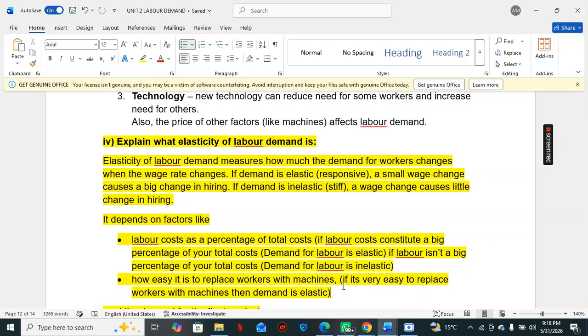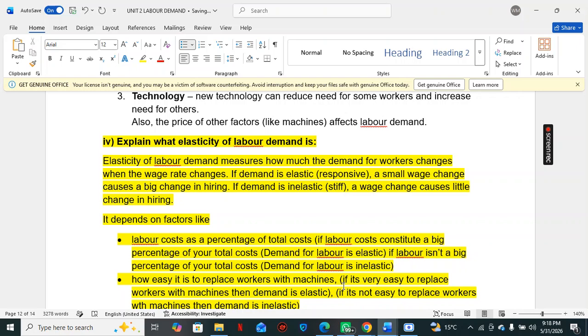But if it's not easy to replace workers with machines, then demand is inelastic.